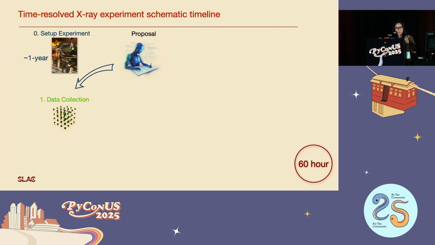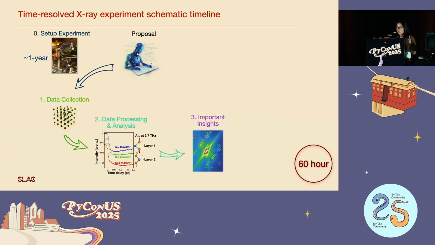First, anyone from any institution in the community can submit a proposal, and if the proposal is accepted, it's about a year of preparation to work with the scientists and the engineers to conceptualize the idea in the proposal, discuss the scientific questions, and build up the entire experimental setup. And then by the time it comes to data collection, hopefully everything is prepared very well, which typically it is.